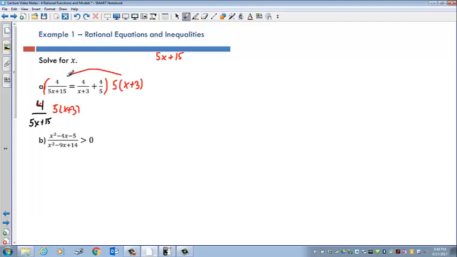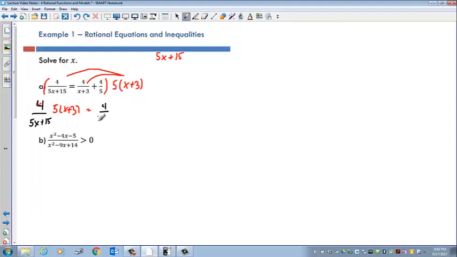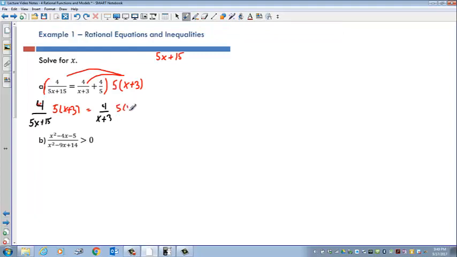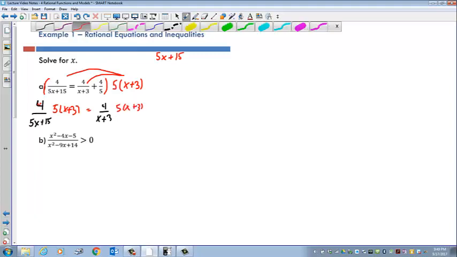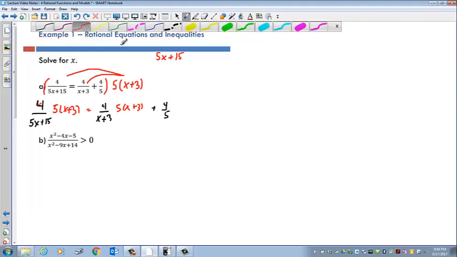Then you also multiply this by that, so this will be equal to the 4 divided by x plus 3, so 4 over x plus 3, all times the 5 times x plus 3. And then finally you'll have plus the 4/5, also multiplied by the 5 times x plus 3.